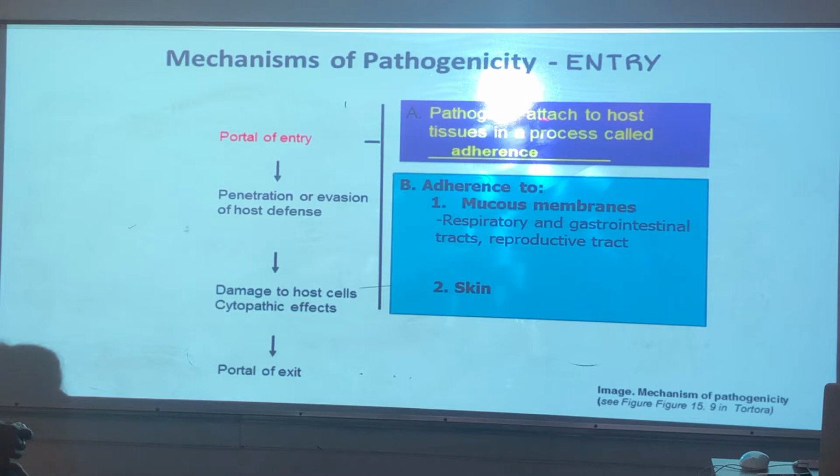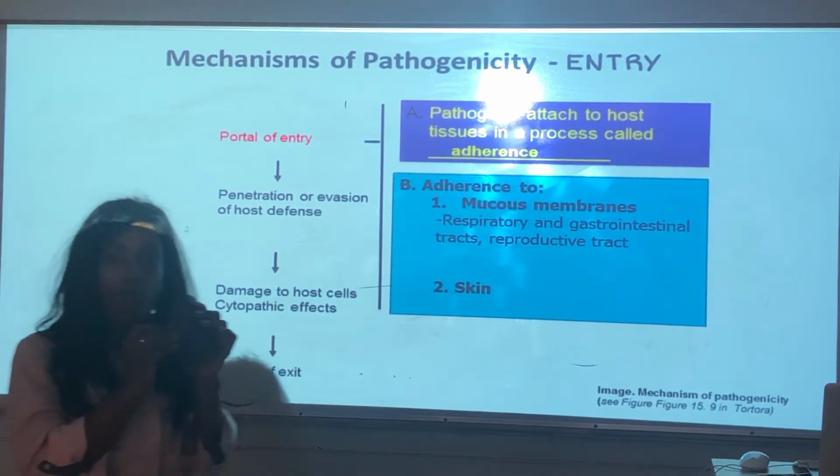So the pathogen attaches to the host tissues, and this process is called adherence. This is important for them to get in, and the foreign invader has to stick to particular sites of their host. Let's take, for example, the cold virus.